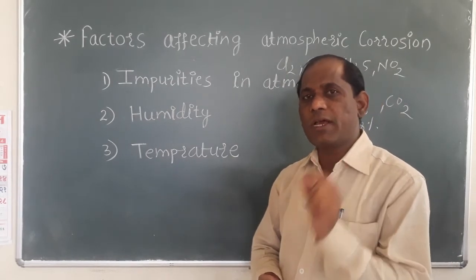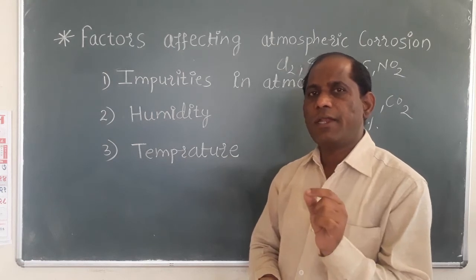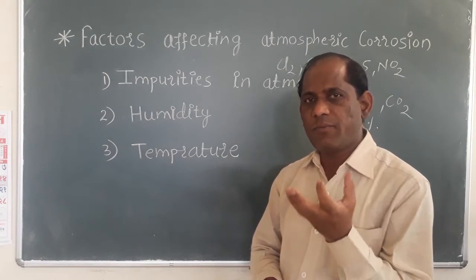So that's why we say that if the humid conditions are greater, the rate of corrosion is also greater, because in humid conditions the percentage of moisture is greater, and this moisture acts as a medium.